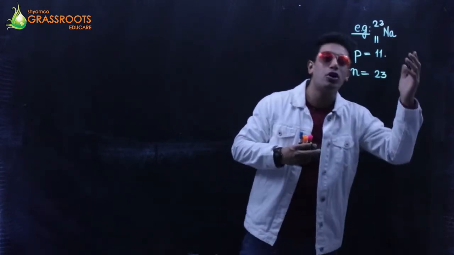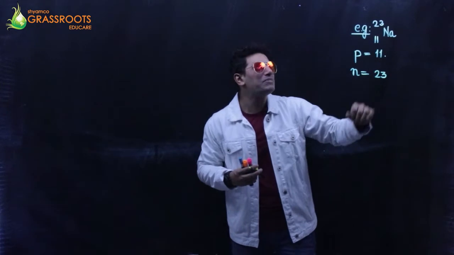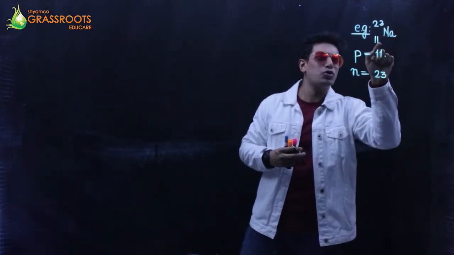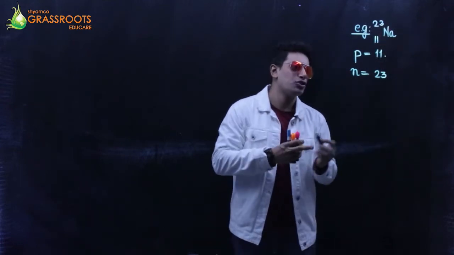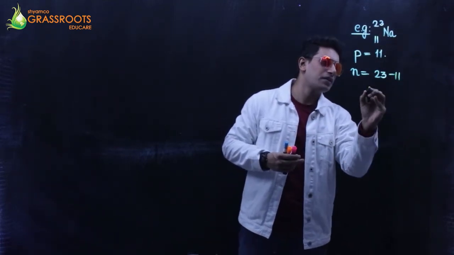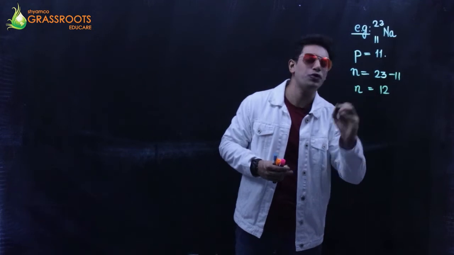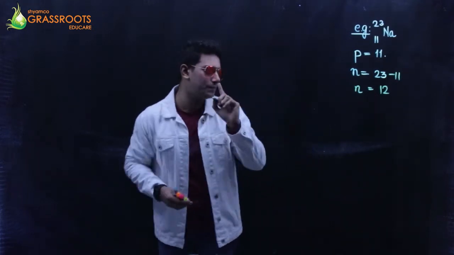Out of which protons are 11. So 23 minus 11 is 12. So the number of neutrons is 12.